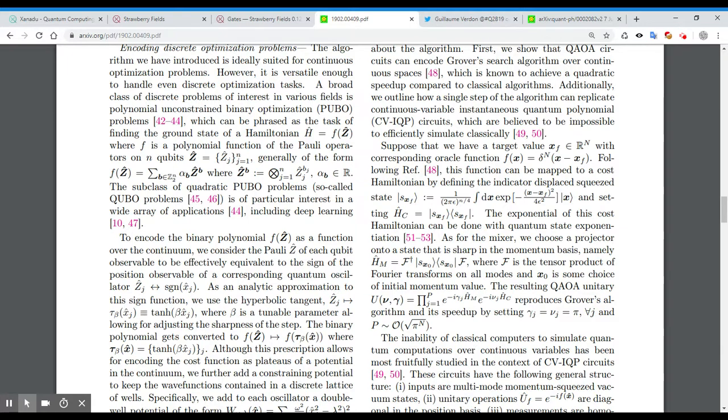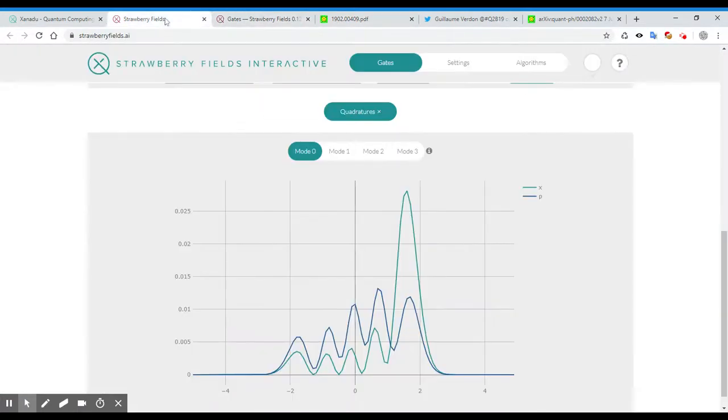So suppose that we have a target value. So the initial state will, I'll take care of this later. First, I want to try to understand how to build that cost function, which I imagine should look somewhat like this. I guess.